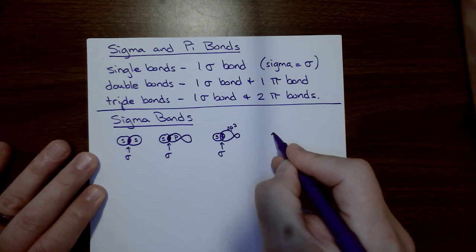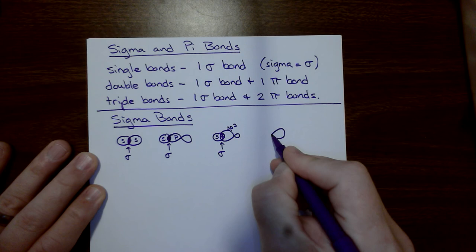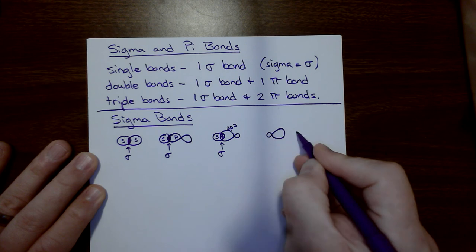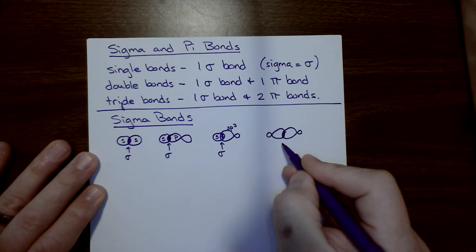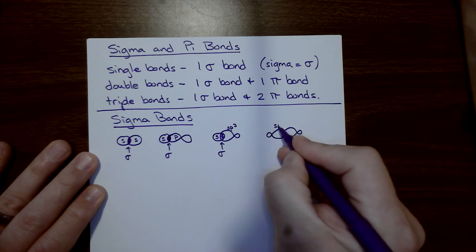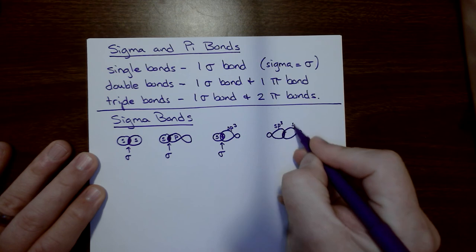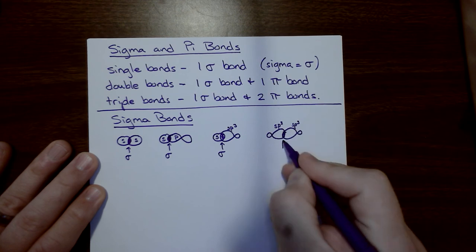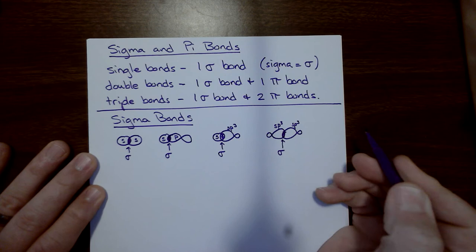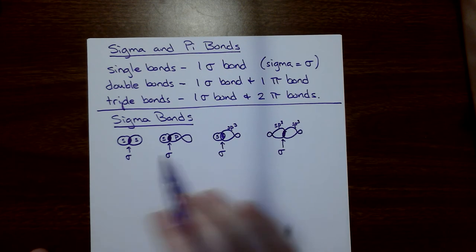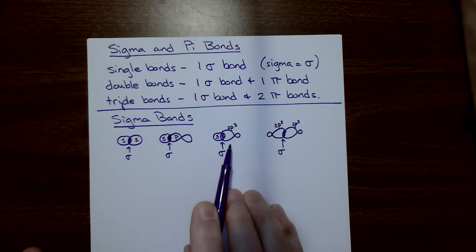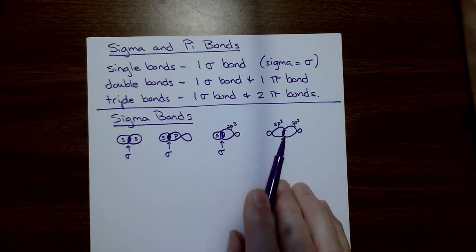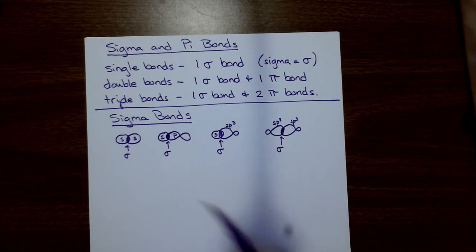Let's see if I can draw two hybridized orbitals here. So there's an sp3, and then here's another sp3. They're overlapping here, and that overlap between this sp3 and this sp3 is a sigma bond. So sigma bonds can occur from overlap between s orbitals, s and p orbitals, s and hybridized orbitals, and two hybridized orbitals.